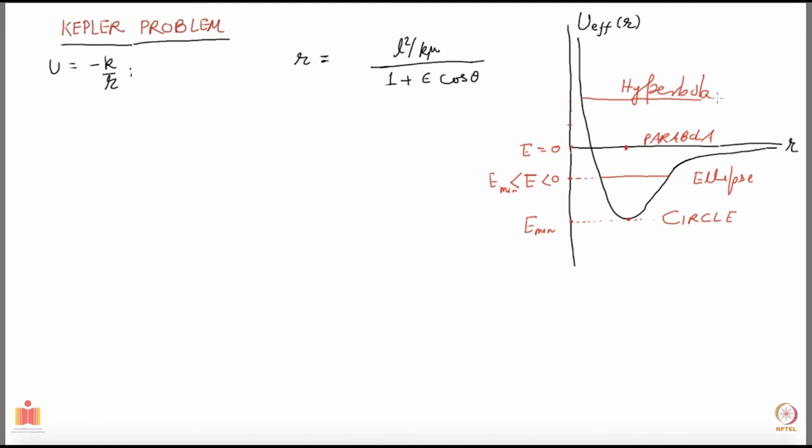I would encourage you to take a moment, maybe stop the video, and think about things which you would like to ask further in this problem, given that you have found that the orbits are conic sections. What are the questions that are coming to mind, and let's list them. You may stop it for a moment and return after you have spent some time thinking about the questions you would like to ask.